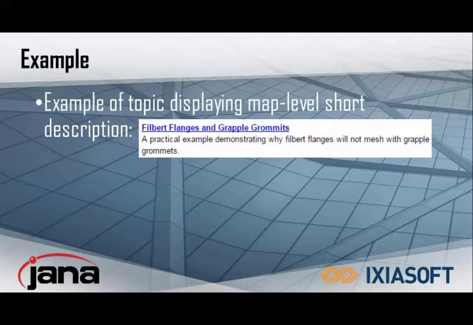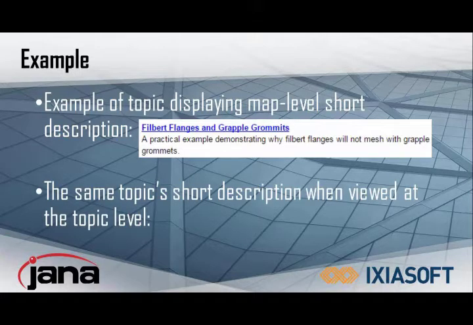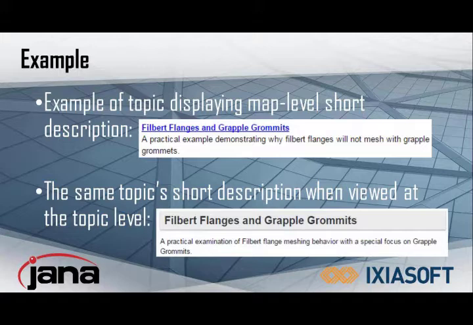Now let's have a look at the same topic short description when viewed at the topic level. Click on the next one, and notice that these two are different. This is what would appear when you're looking at this from, say, a related link from a rel table. In this case, it's providing slightly different information.